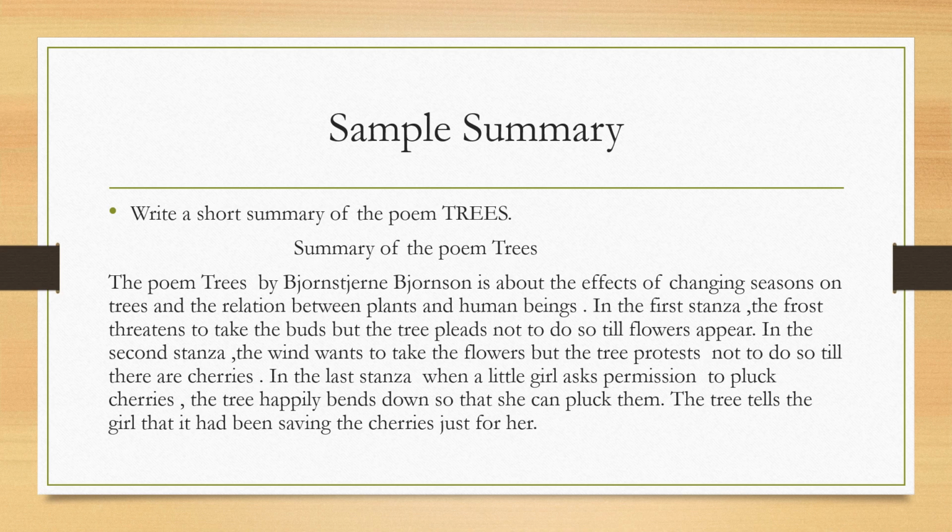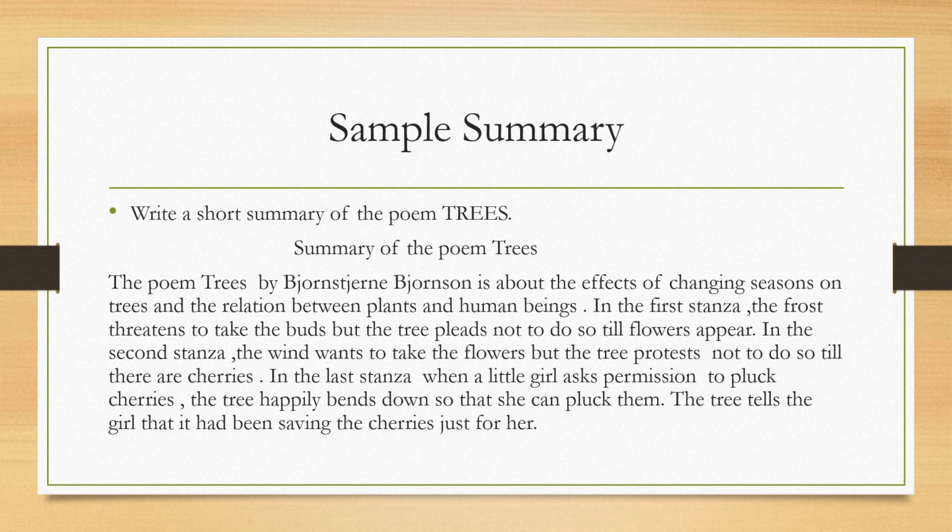Now, in the last stanza, who comes? A girl. In the last stanza, when a little girl asks permission to pluck cherries, now she asks permission. She doesn't threaten. She is unlike the wind and the frost. They threaten to take away buds and flowers, but this little girl asks permission because she wants to pluck cherries to eat the cherries.